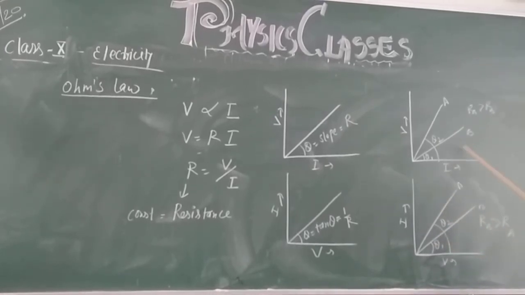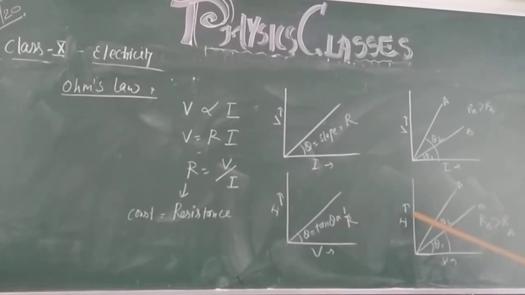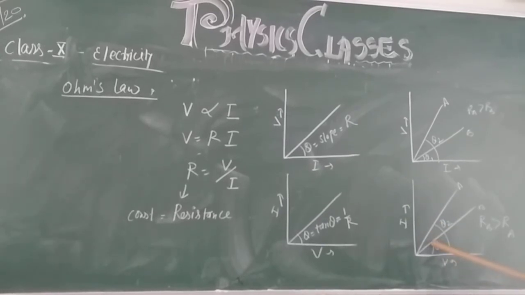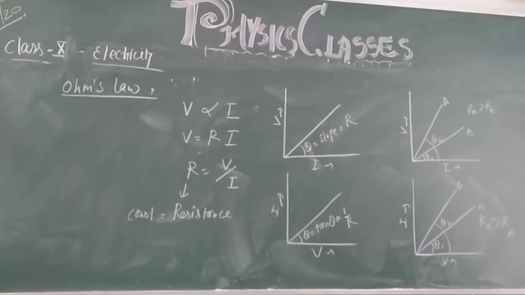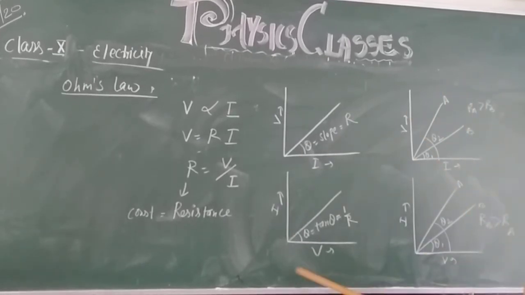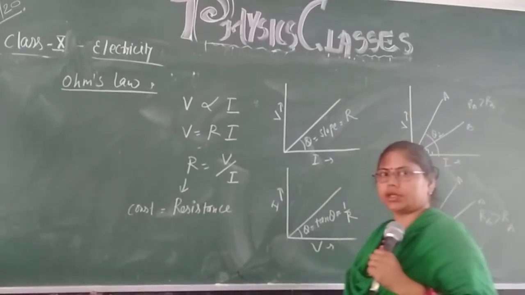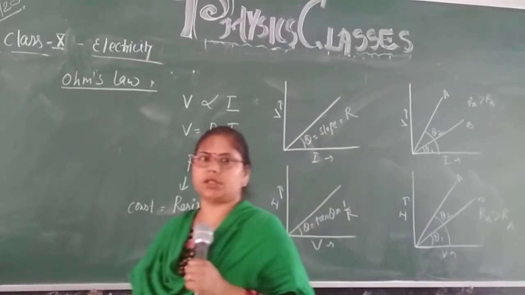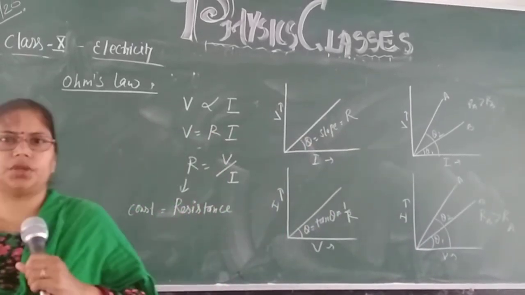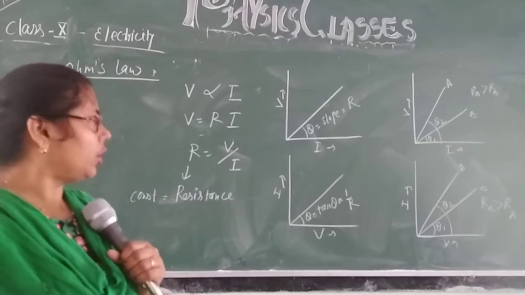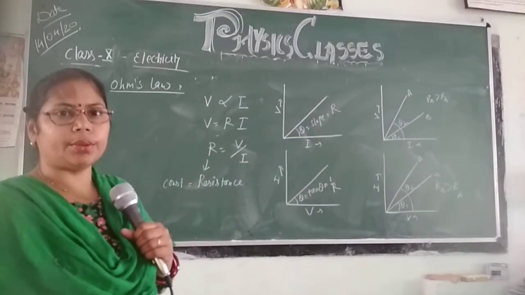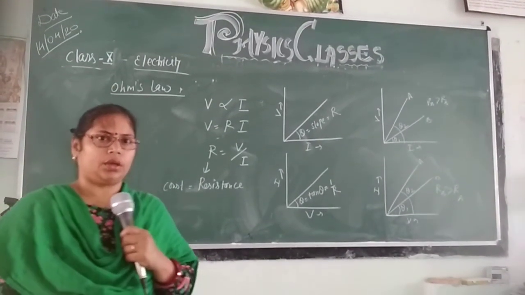This is the reciprocal of the earlier graph. It means RB is more than RA. In this case, I versus V, whose angle is small, resistance will be more, so RB will be more than RA. The graph questions on Ohm's law are important for CBSE board exams. So solve these graphs and do more questions.